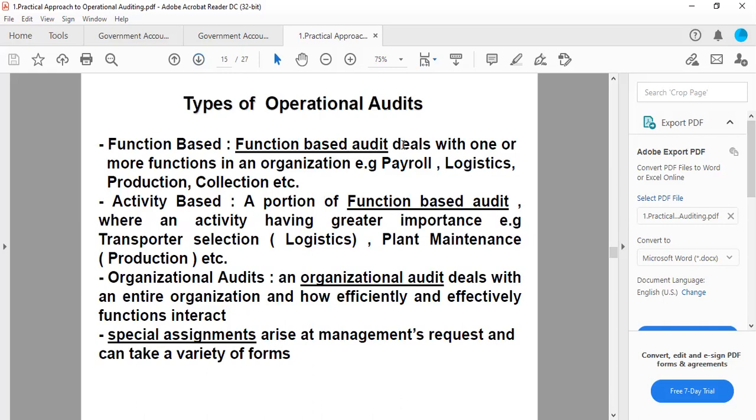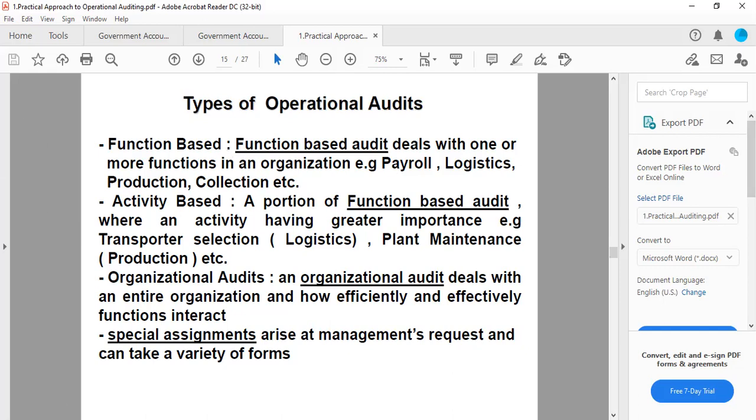We have these examples: payroll, logistics, production, collection, and etc. So we're talking here about specific functions, not just the functional departments, although we can do that as well. So purchasing, information technology, accounting, finance, credit, sales and marketing, and etc. Because if you notice, the items are very specific, like payroll and collection.